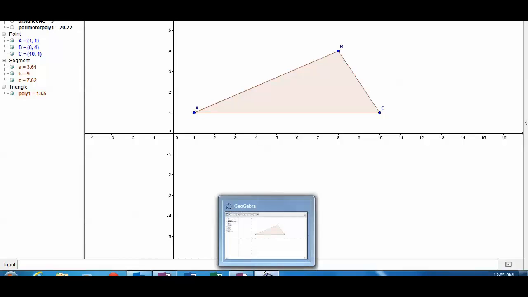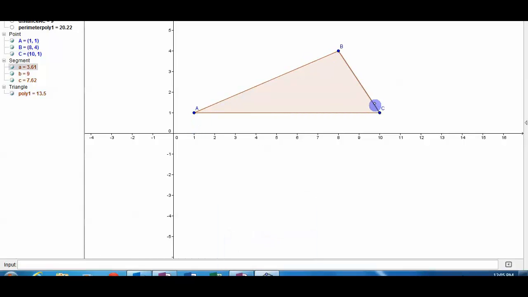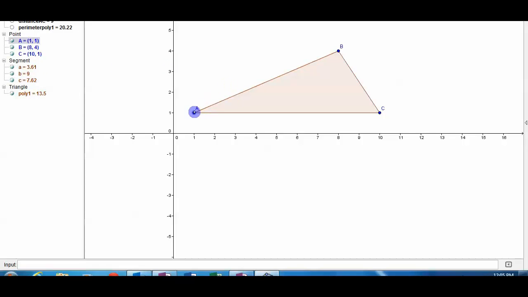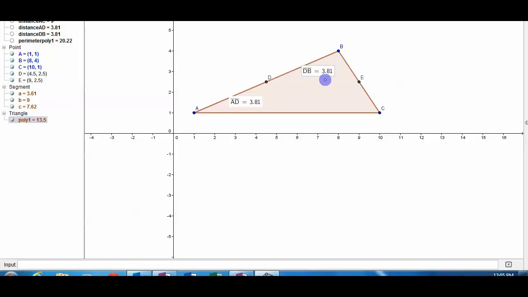So here I have a triangle ABC in GeoGebra. I'm going to use the program to help me calculate the midpoints. So let's have the program calculate the midpoint between A and B. There's my D. And then again between B and C. And there's E. So let's verify the property of a midpoint by calculating the distance between A and D. That's 3.81, and then from D and B, that's 3.81 as well.